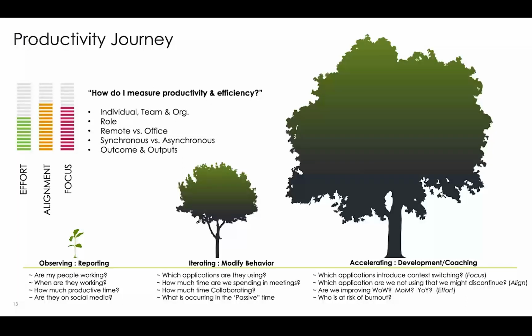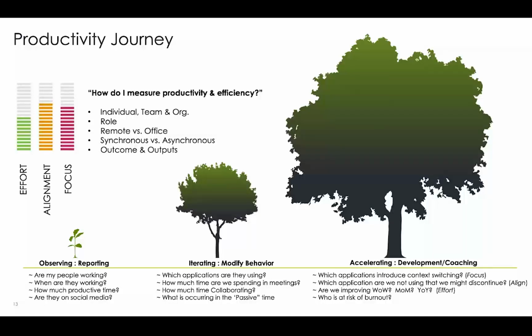And so where this gets you into is really looking at some of those metrics we were looking at towards the end, which are what applications induce context switching. So which ones break your focus, cause you to come out of that application that you were working in and go to something else? Which apps are we using that we might discontinue? Getting alignment on that.